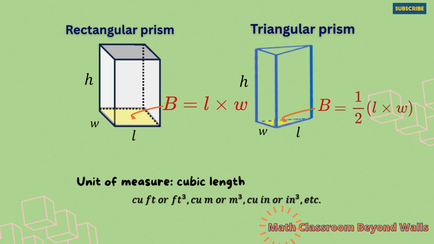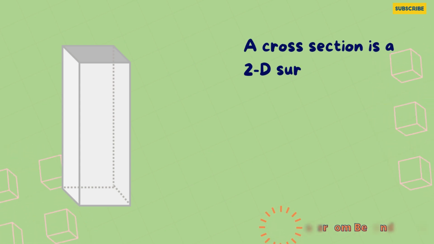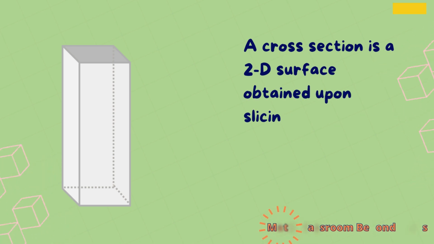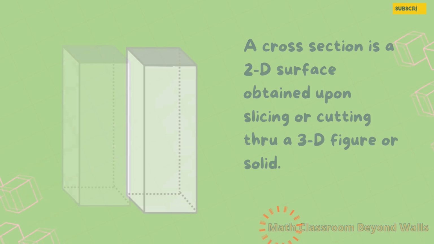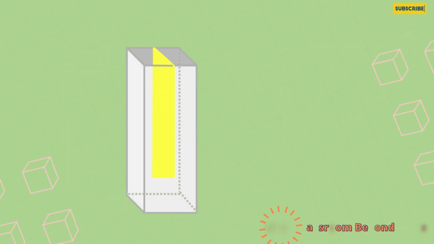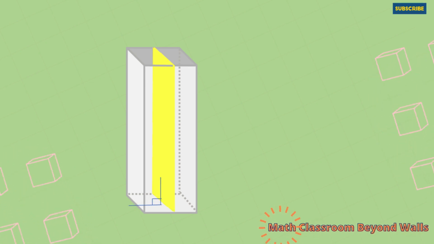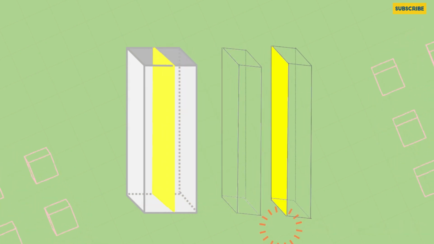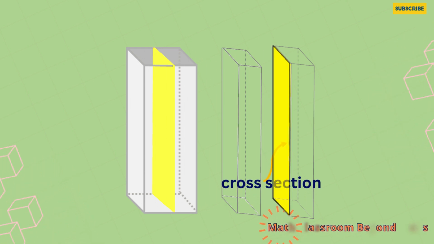Now, when a prism is sliced, its cross-section is produced. A cross-section is a 2D surface obtained upon slicing or cutting through a 3D figure or solid. When a right rectangular prism is sliced perpendicular to its base and parallel to its lateral sides like this, it exposes a cross-section congruent to that lateral side.